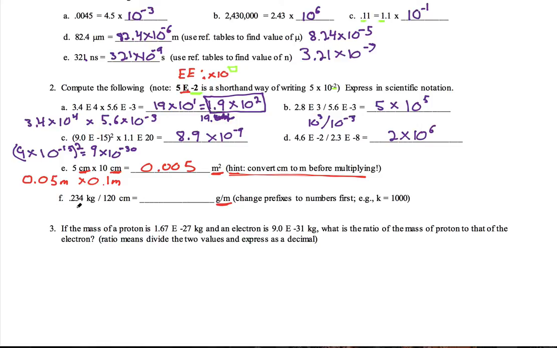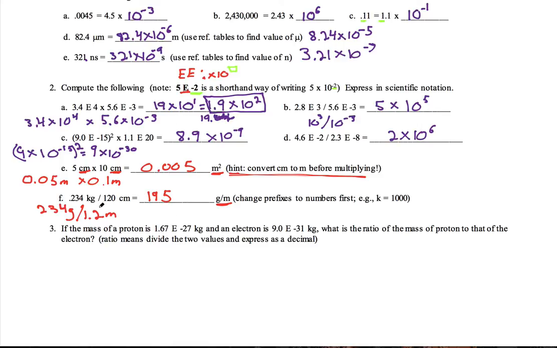So if I've got 0.234 kilograms, that's going to be 234 grams divided by 120 centimeters. In every meter there's 100 centimeters, right? So if I had 100 centimeters, this would be 1 meter. I have 120 centimeters, so this is 1.2 meters. And that comes out to 195 grams per meter.